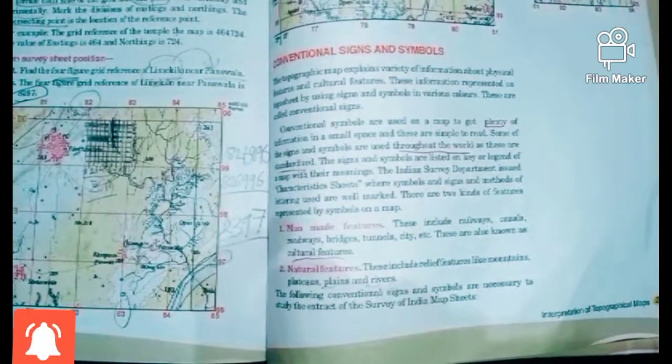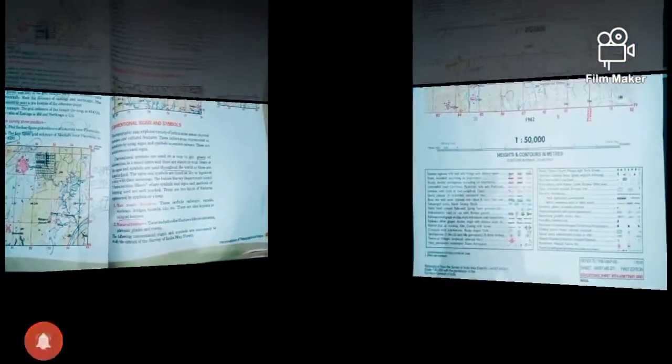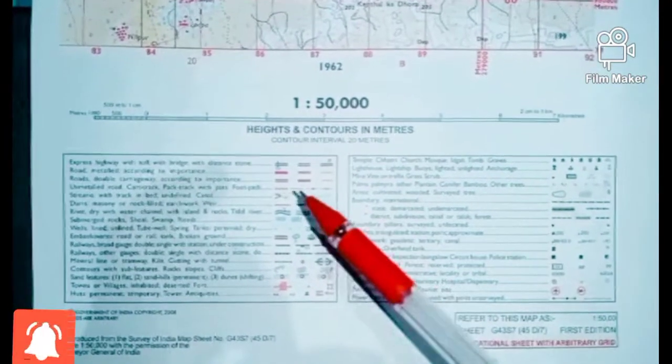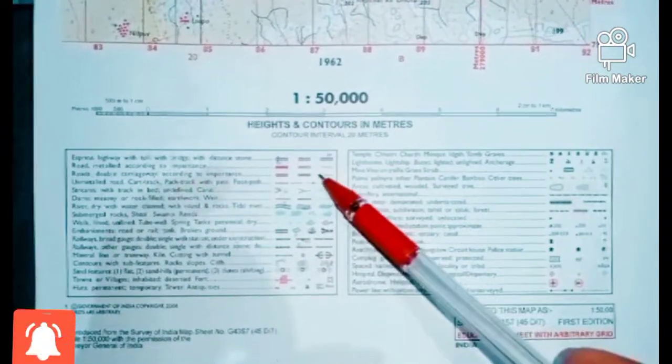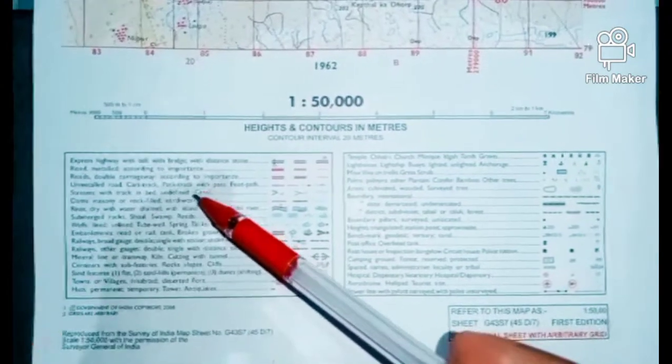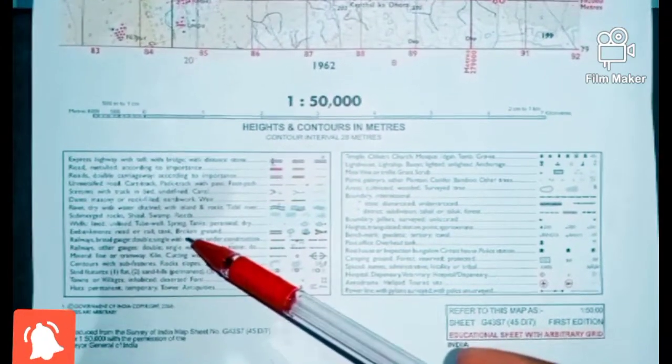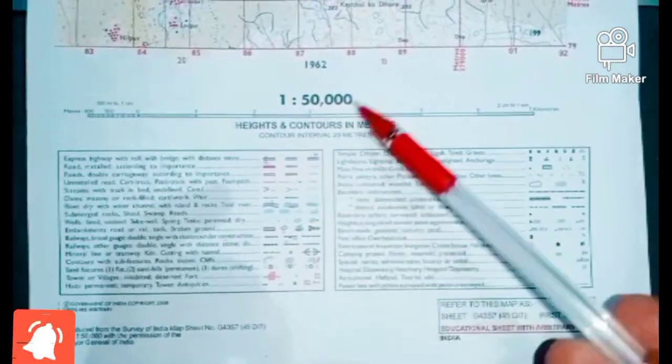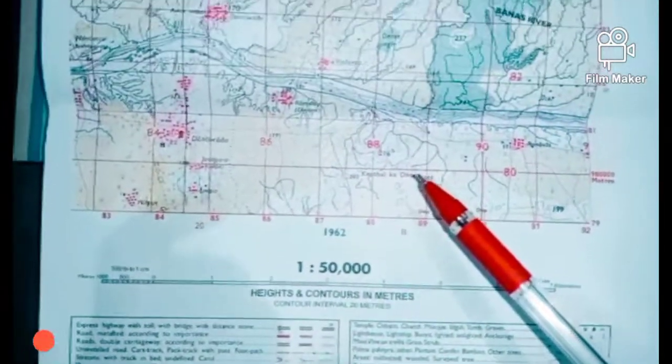Sometimes it is necessary to understand the use of the signs and symbols, because on every topo sheet you will get an index of the signs and symbols, but sometimes we need to know their meanings. Once you understand the meaning, then we can correlate the signs and symbols in the given map itself.